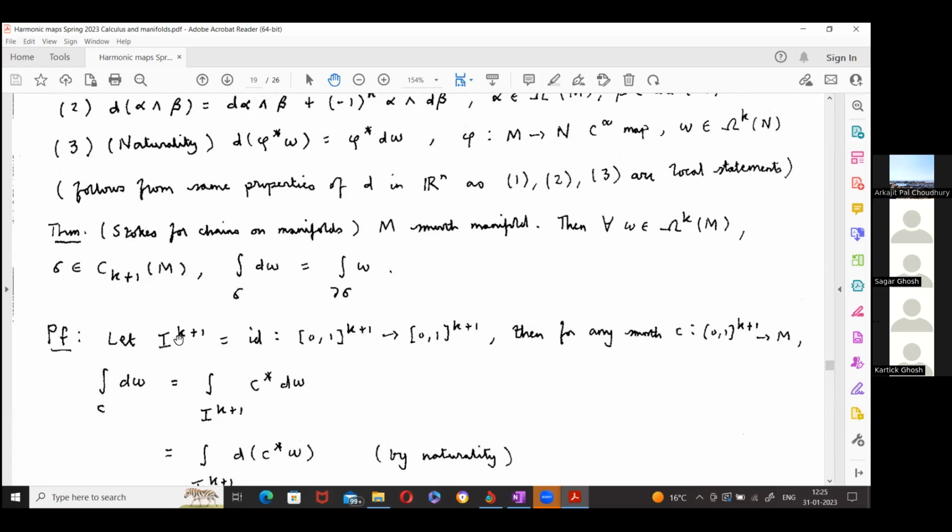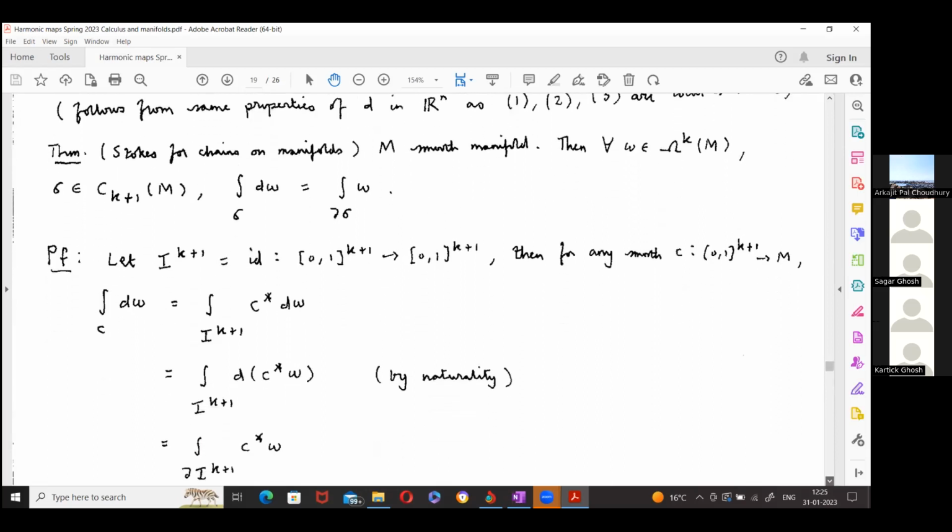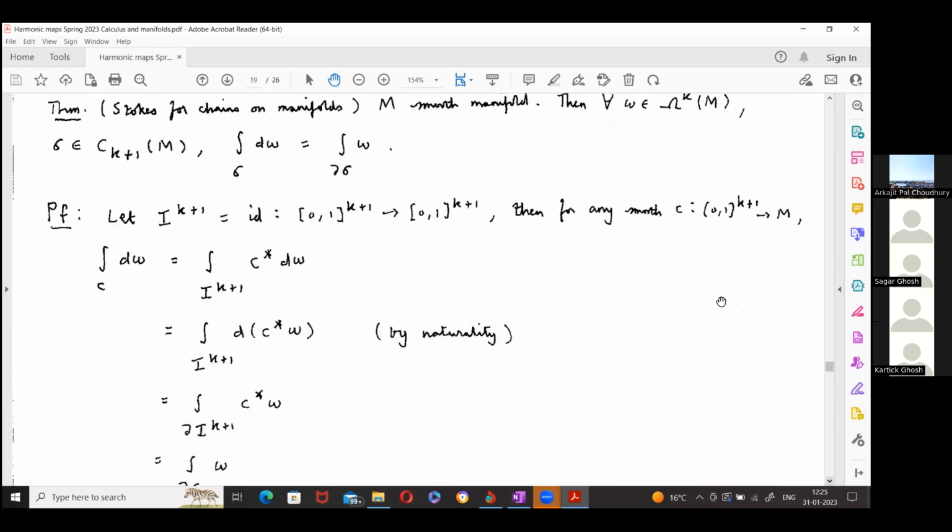You let I^{k+1} be the identity cube from the (k+1)-cube to itself. So this is a (k+1)-cube in R^{k+1}. And so for any smooth (k+1)-cube c in M, the integral of d omega over c is the same thing as the integral of c star d omega over I^{k+1}, right?